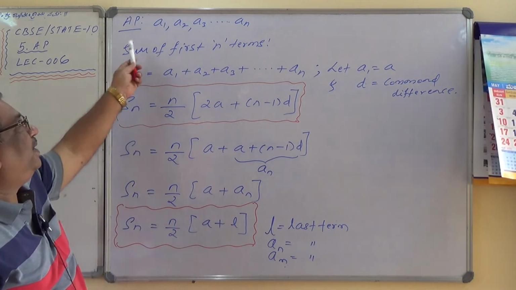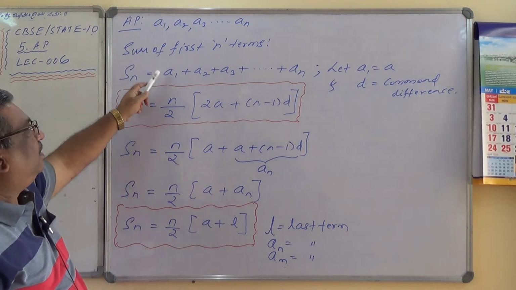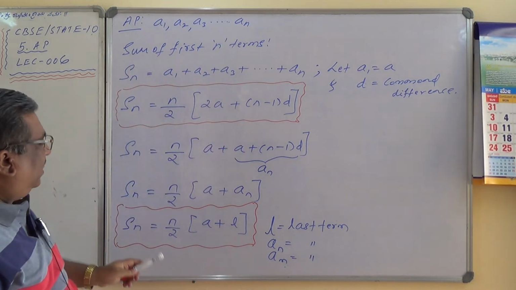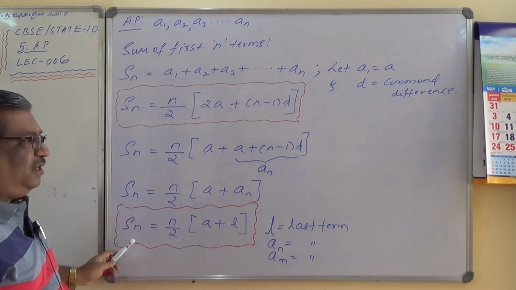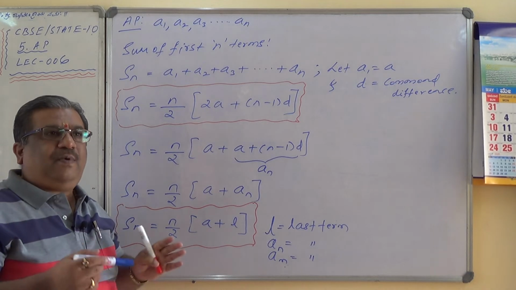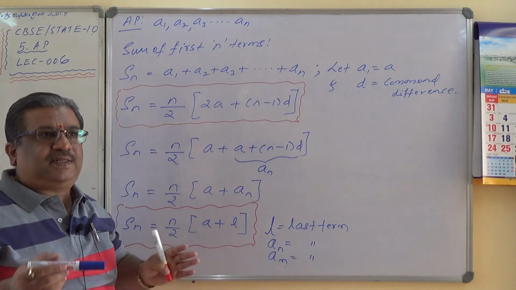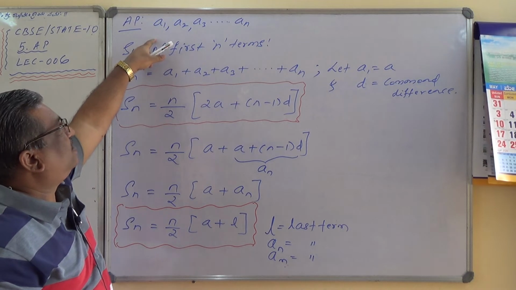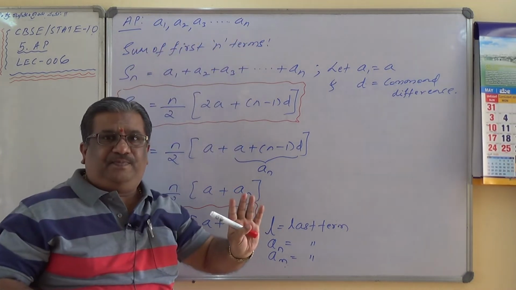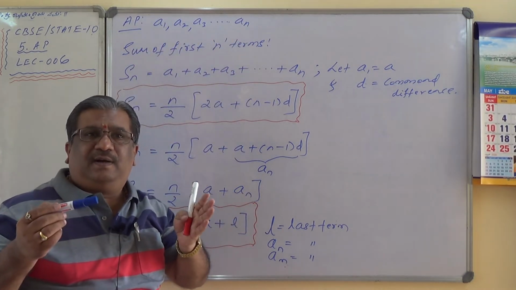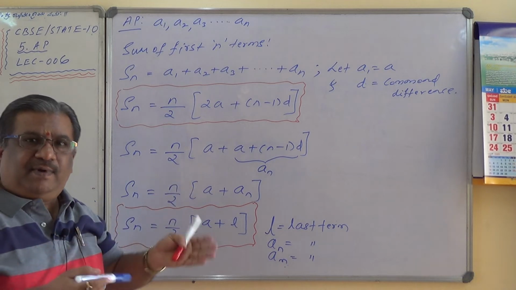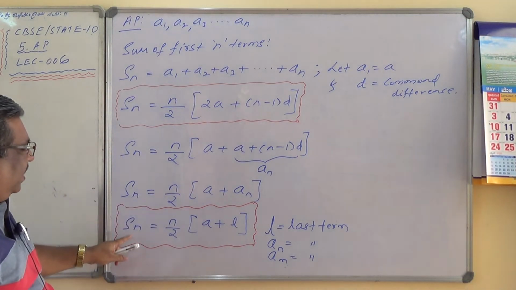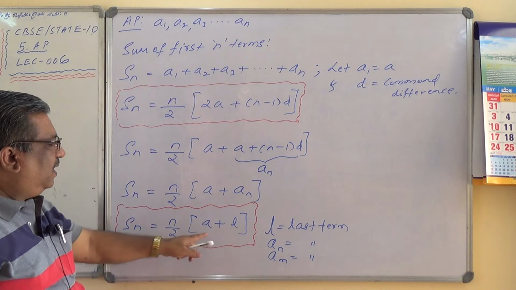So in an arithmetic progression, if you know the first term a1 and the last term, then this formula can be used to calculate the sum of n terms, or the sum of the terms between the first term and the given last term, using the formula Sn equals n by 2 times a plus l.